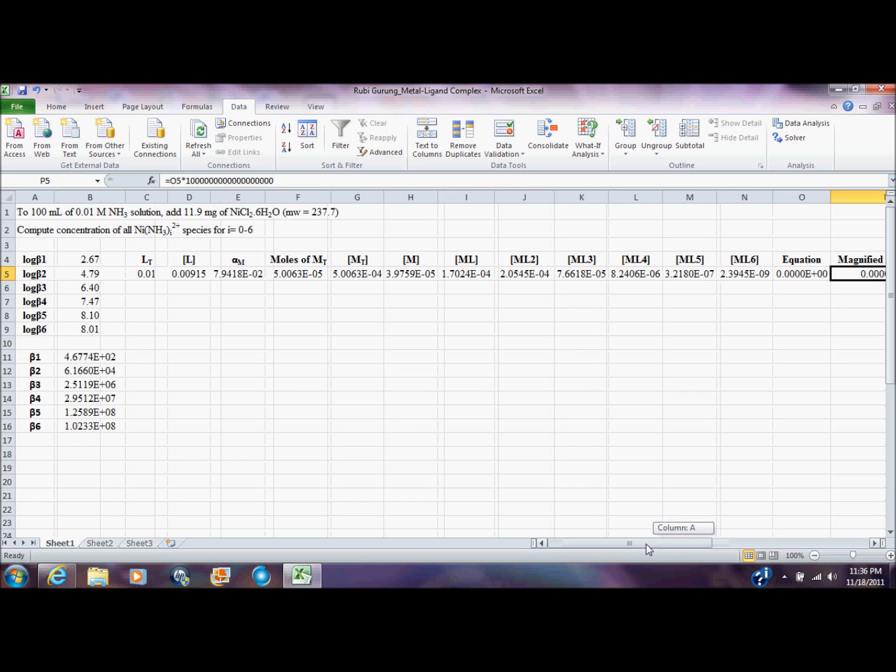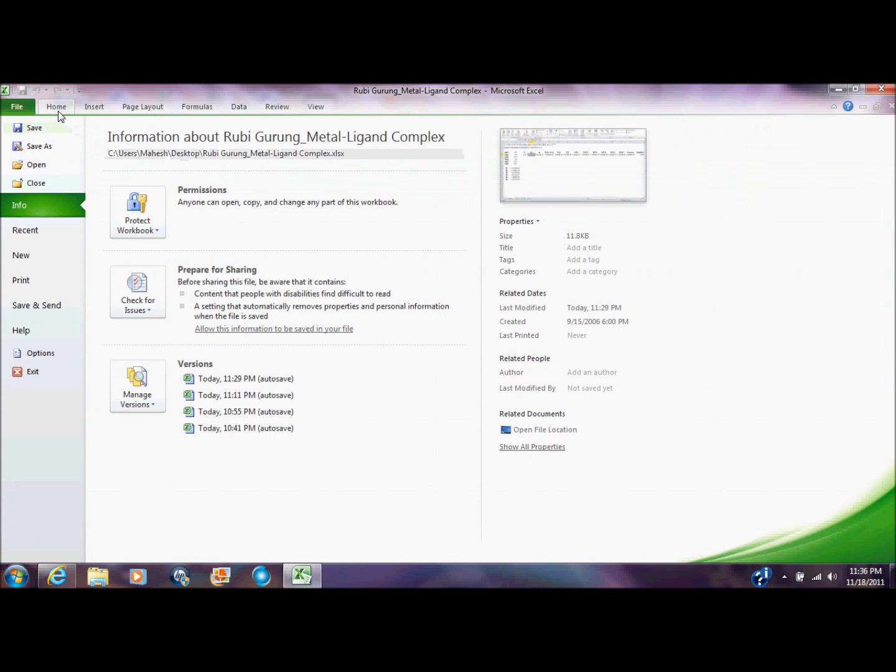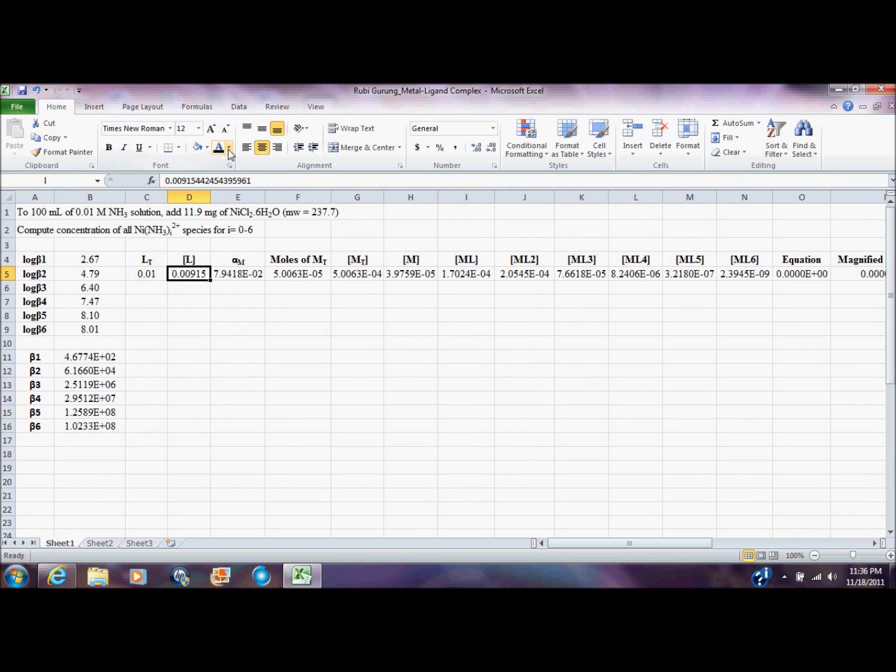And now we get the value for the ligand concentration. We can highlight it, and we get the values of the metal concentration, ML, ML2, ML3, ML4, ML5, ML6.